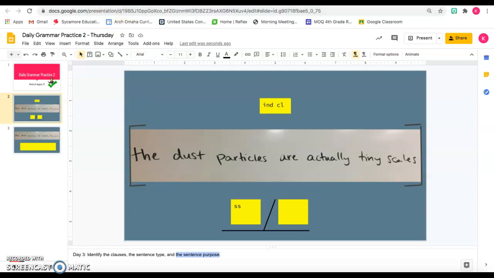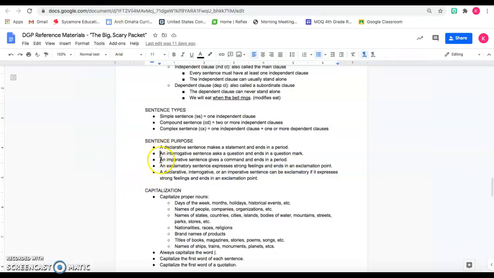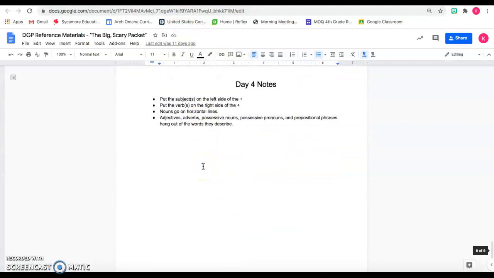No, it's not giving us a command, so we can rule out that this is an imperative sentence. So that leaves either declarative or exclamatory. Now, do we think that this sentence is expressing strong feelings? No, I wouldn't say that this sentence is expressing strong feelings. So we can eliminate exclamatory sentences. And that just leaves declarative sentence for us.